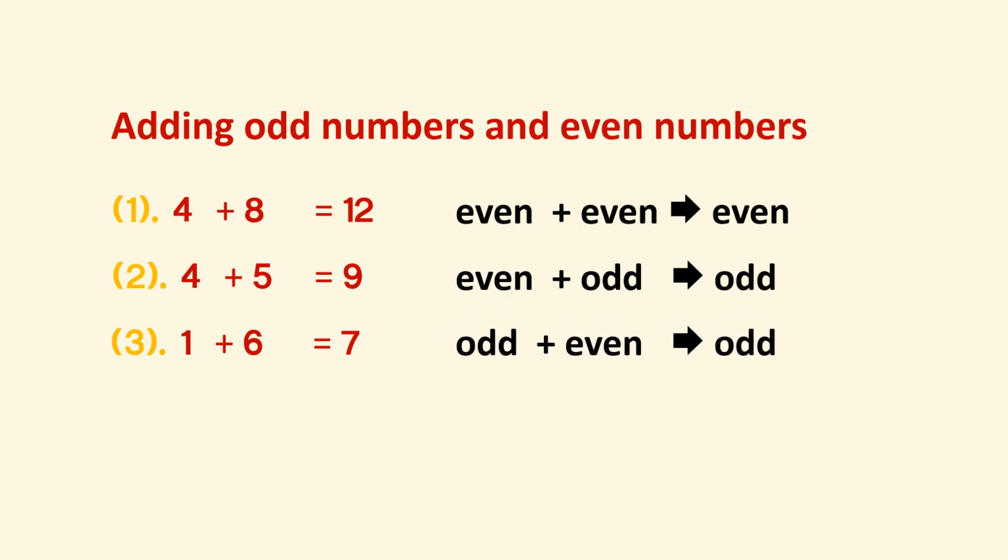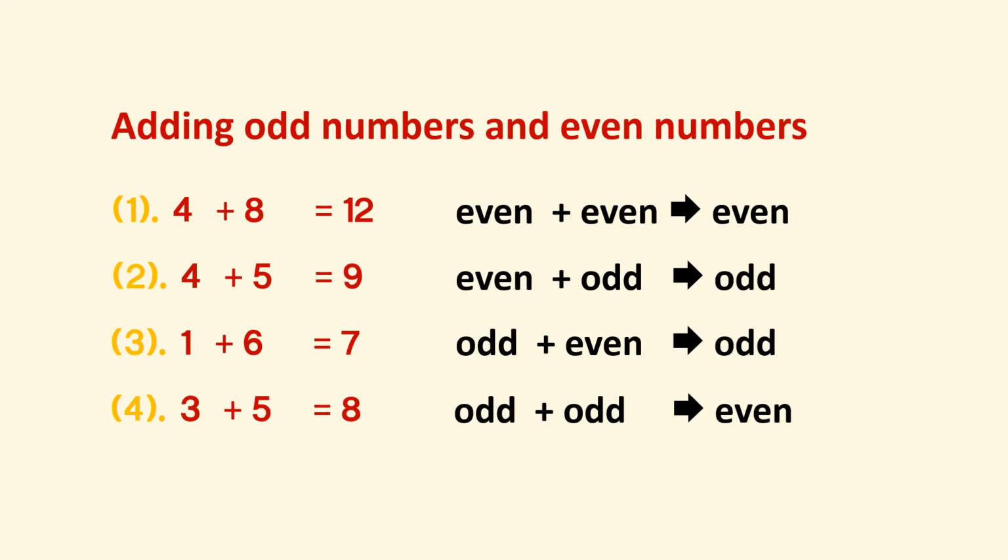Therefore, odd number plus even number, the result is an odd number. Finally, 3 plus 5 equals 8. 3 is an odd number, 5 is also an odd number, 8 is an even number. Therefore, odd number plus odd number equals an even number.